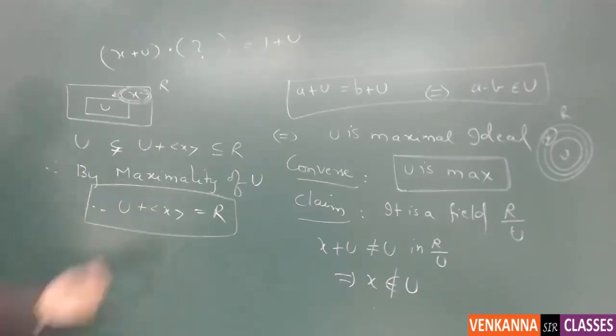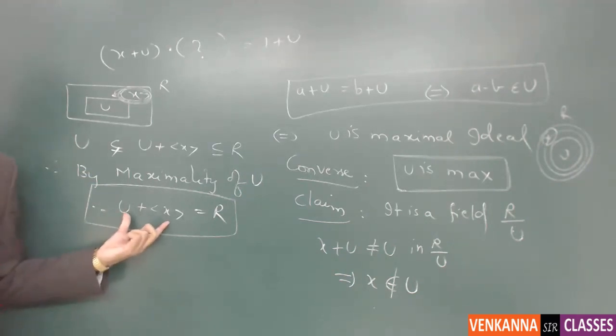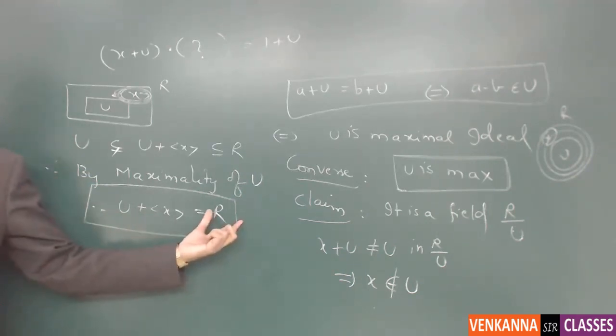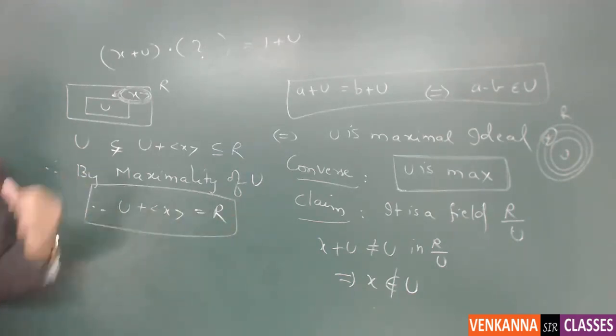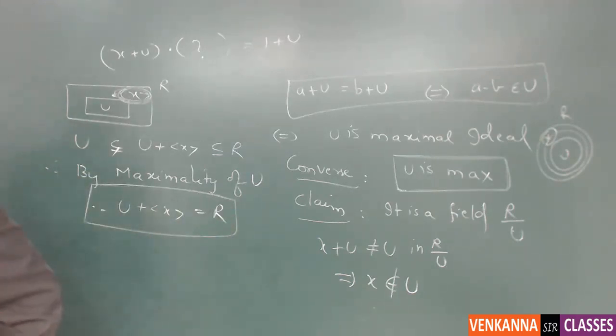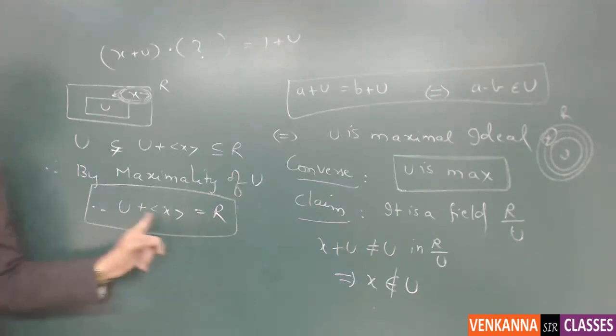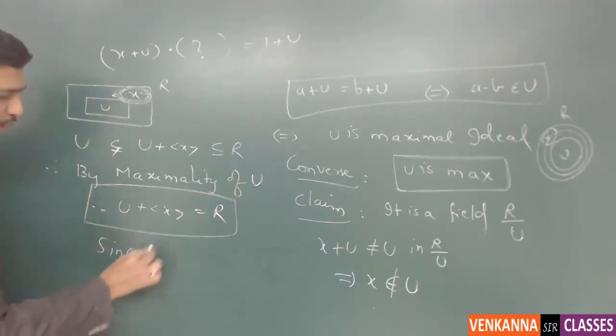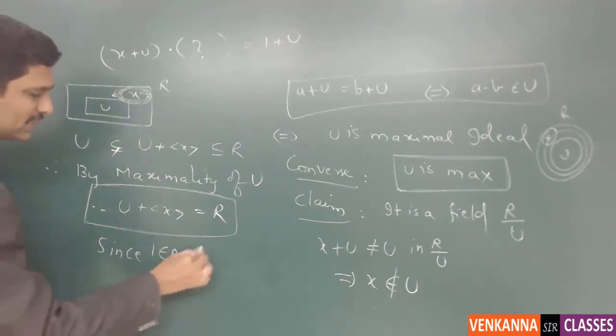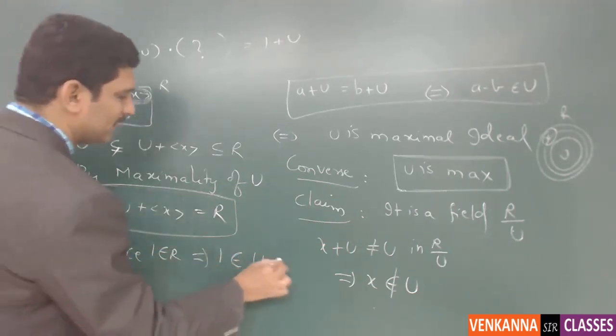So what does it mean? Every element here is present in R, and every element in R is present here. Accepted? Since R contains the unity element, 1 should belong to here. Since 1 belongs to R, 1 should belong to this set.